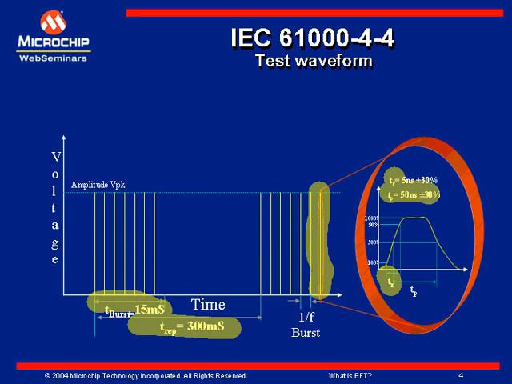And this amplitude can be in kilovolts depending on the test level, and the frequency also depends on the test level. The frequency is again the repetitive time between your pulses.